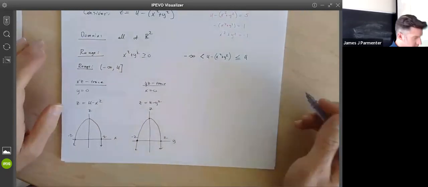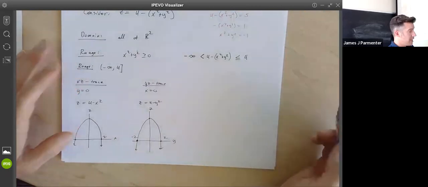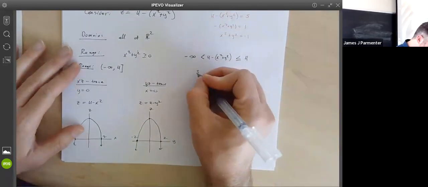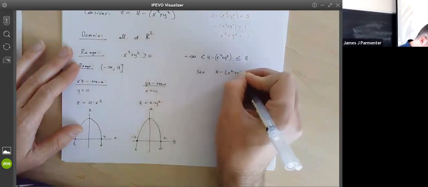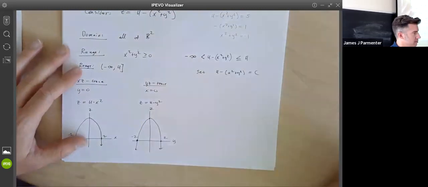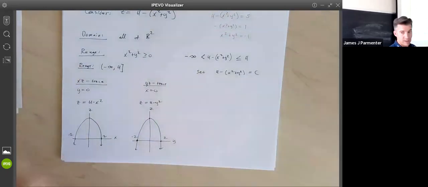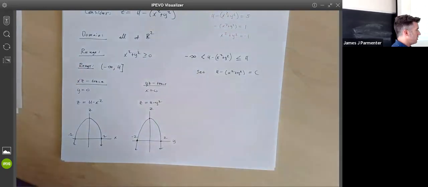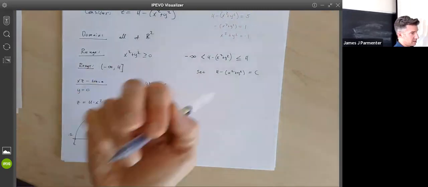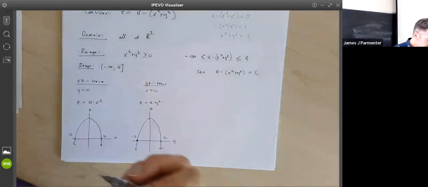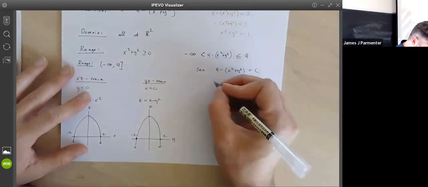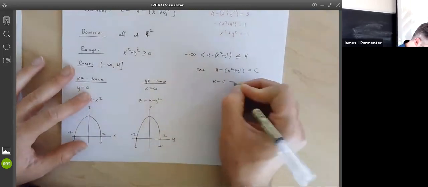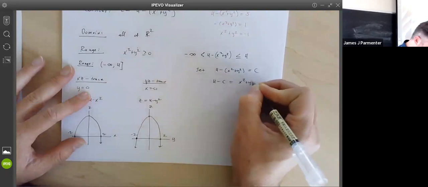Okay, so to do this the most efficient way we can, we're going to set our function equal to a constant. Now, you should take note, if you've already found the range, we know that constant can't be a value outside of the range. So then I'm going to isolate the x squared plus y squared. So I'm going to have 4 minus c equal to x squared plus y squared.